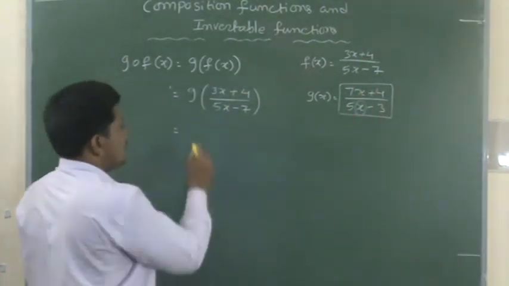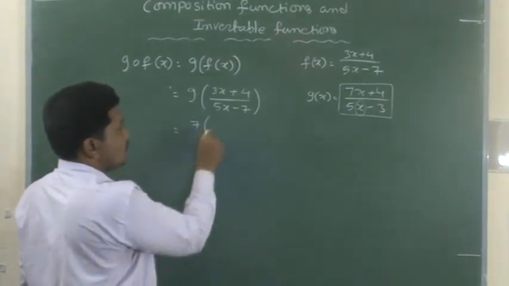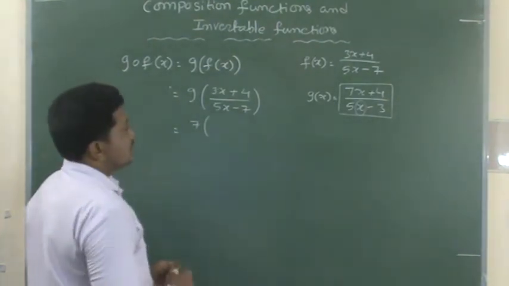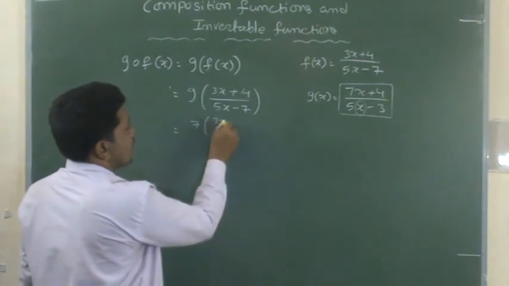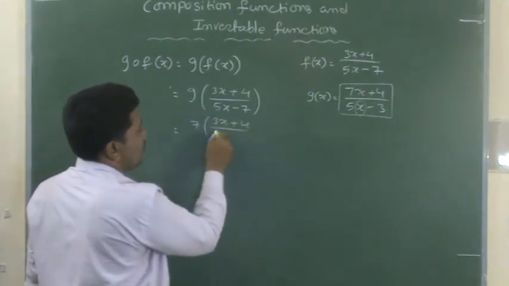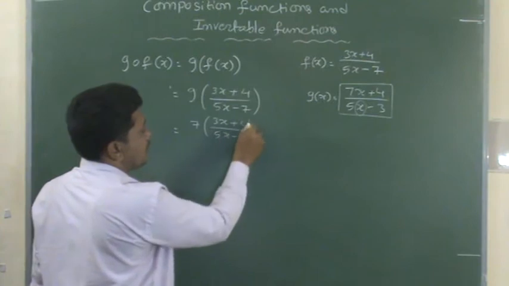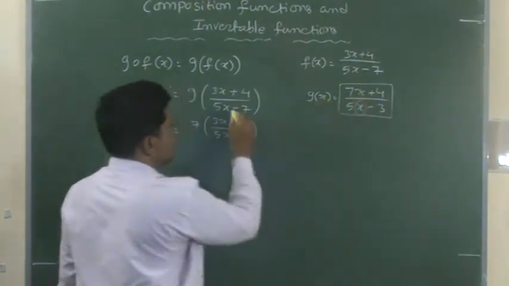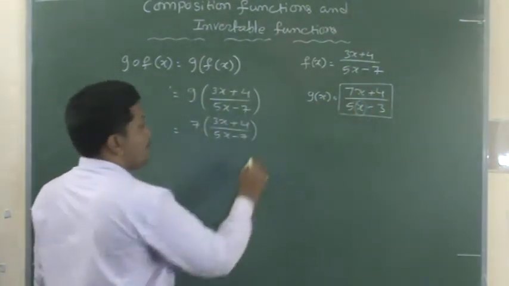That means 7 into (3x plus 4) by (5x minus 7), because 7x here. In place of x I wrote this one.